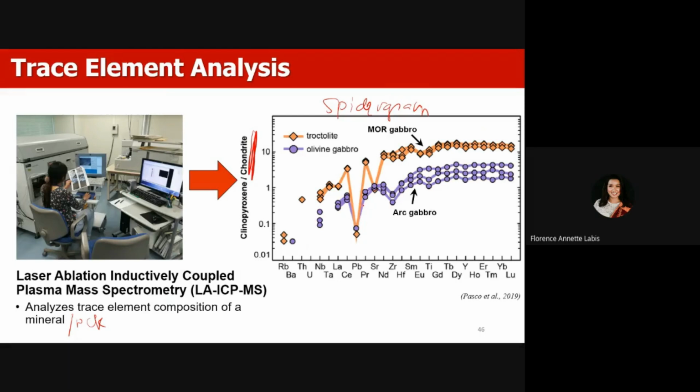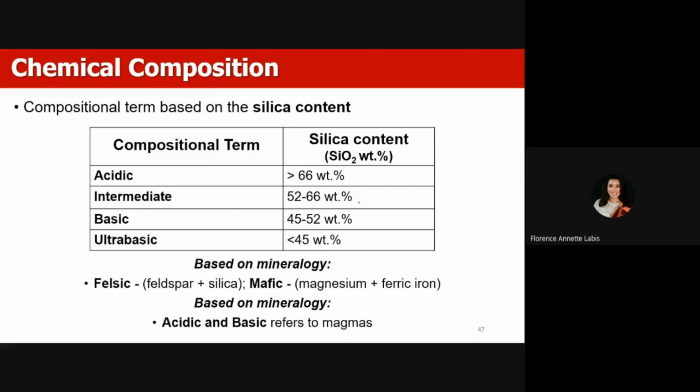Okay, and since we're also talking about the chemical composition, it's also important for you to know that when you say acidic, it is referring to silica content that is greater than 66 and so on. Okay, so it's also important for us to know that when we say felsic and mafic, it is based on mineralogy.